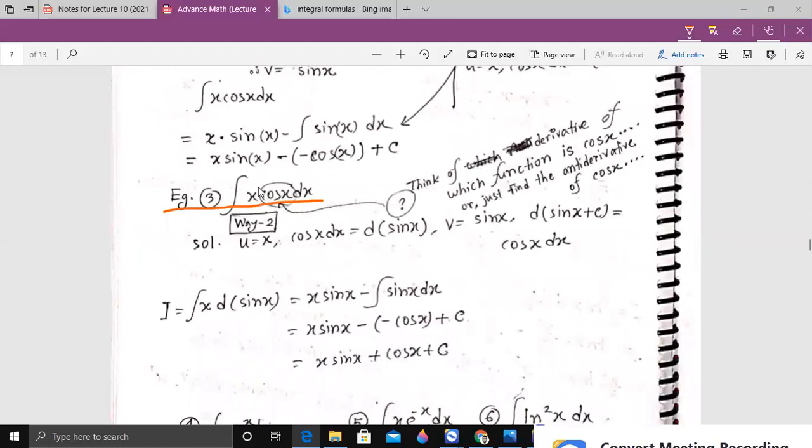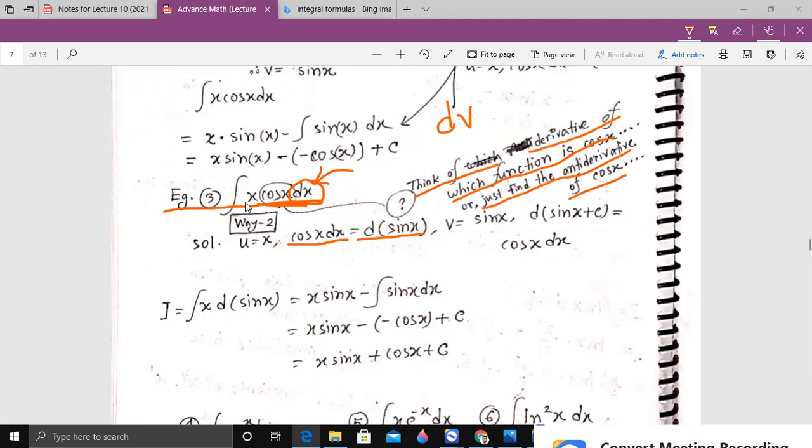So we have here cos x dx, and we have to think how we can convert this cos x dx to something like dv, because we don't want dx here. We want something like dv. So we have to think of the derivative of which function gives cos x, or just find the antiderivative of cos x, okay?